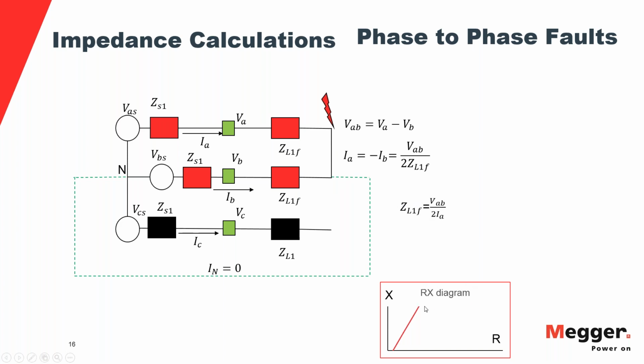The resulting diagram is always the same, because in here what we have is the angle of the line. Okay, there's no modification to the angle of the line because we're not considering any resistance at the point of the fault. So we are simply saying that the angle that we have here is exactly the angle of the line.